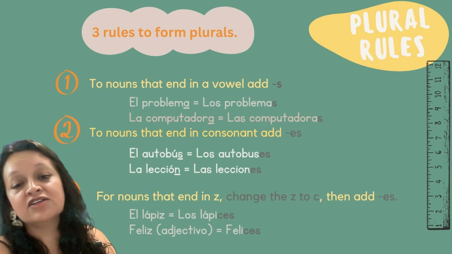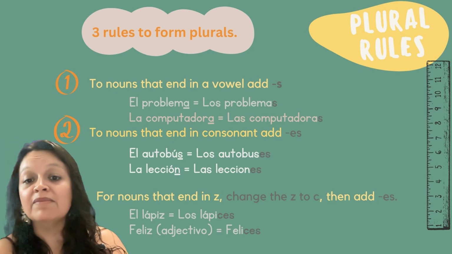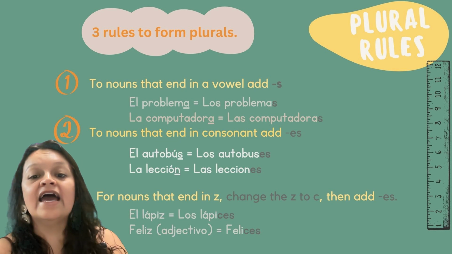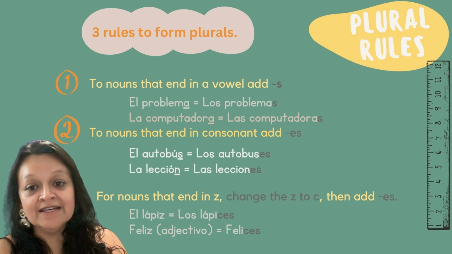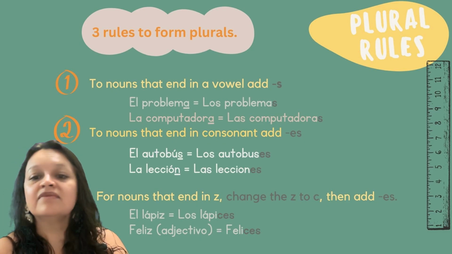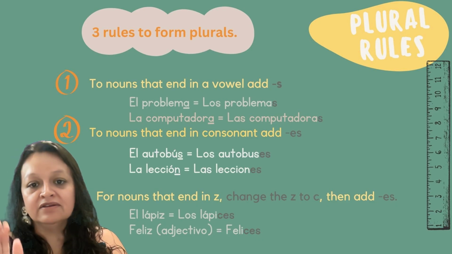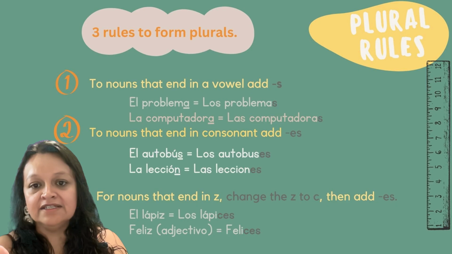And for the third rule, it's an interesting one. In this case, not only nouns, but I'm giving an example, so it's an adjective. If you want to make something plural and it ends in the letter Z, you have to drop the Z, take it off, add a C instead, and then follow the rules and add ES. So, el lápiz, drop the Z, add a C, ES.